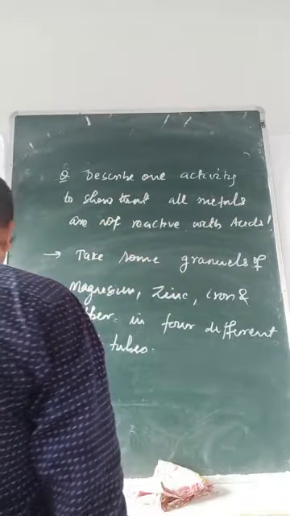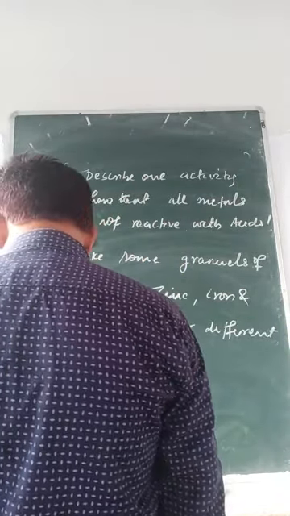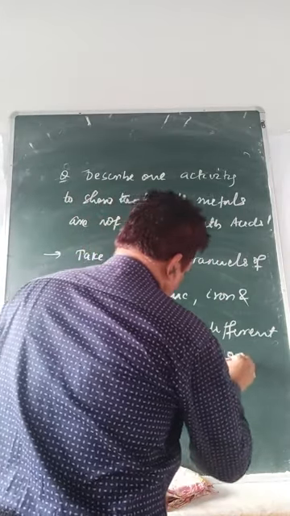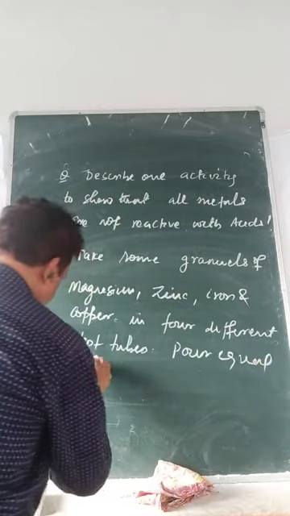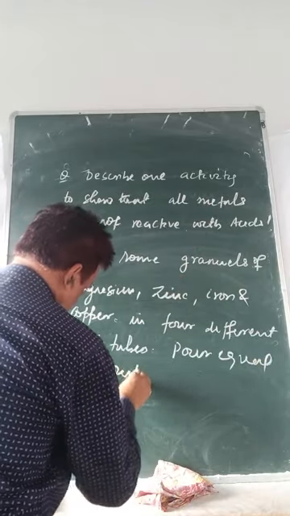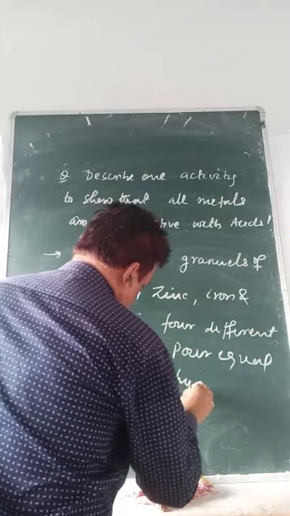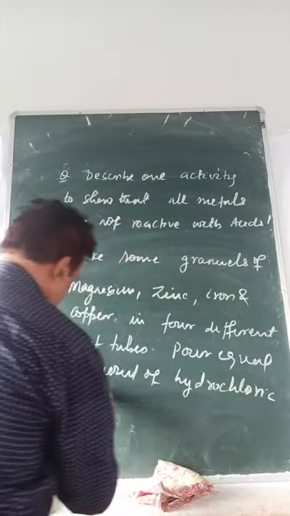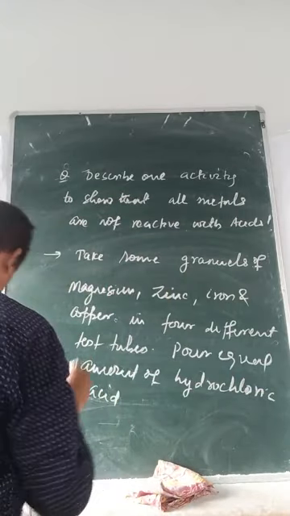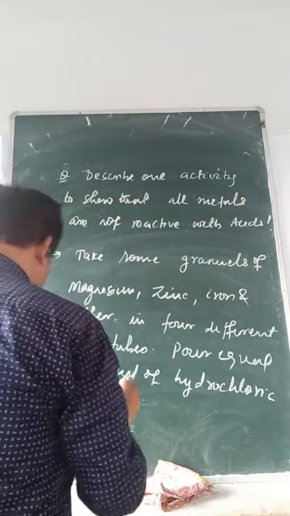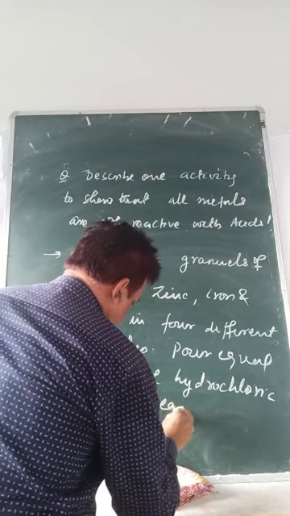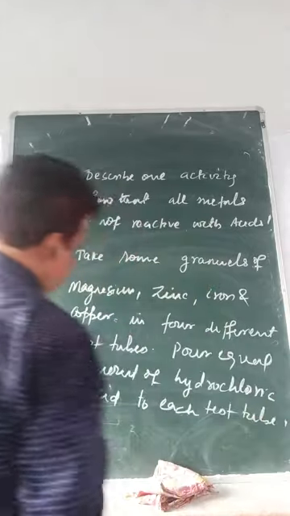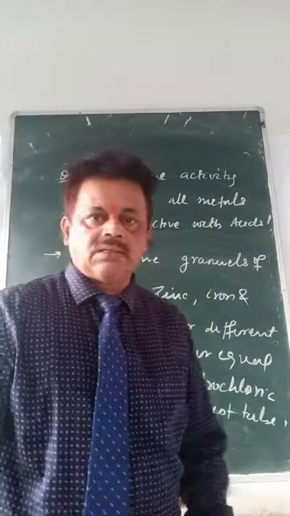Okay, so what will we do after that? Add 4 equal amounts of hydrochloric acid to each test tube. Let's see the reaction.